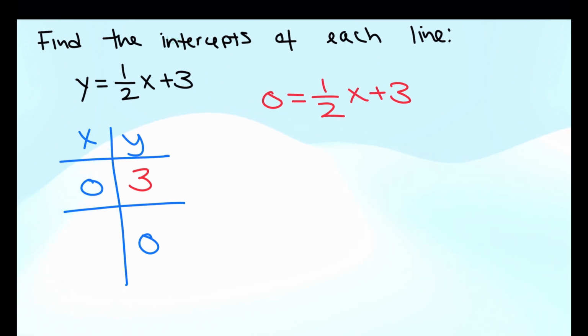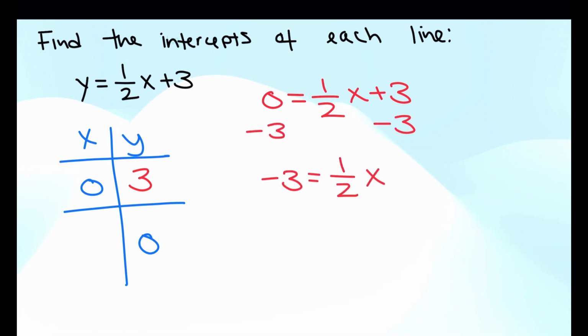To find my x-intercept, I'm going to plug 0 in for y and solve for x. So 0 equals 1/2 x plus 3. I'm going to subtract the 3 to get the x by itself. So now I've got minus 3 equals 1/2 x. And I want to get rid of that fraction 1/2.